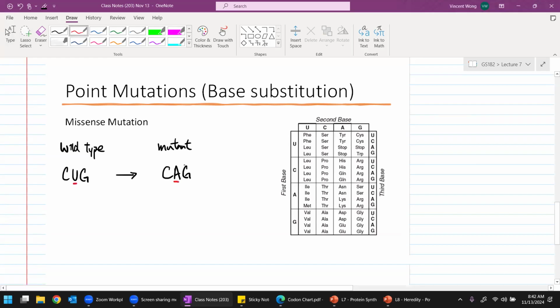Remember, base substitution means you have to change one of the nucleotides. It doesn't matter if it's the first one, the second one, or the third one. You can't change more than one, though, because that's no longer base substitution.